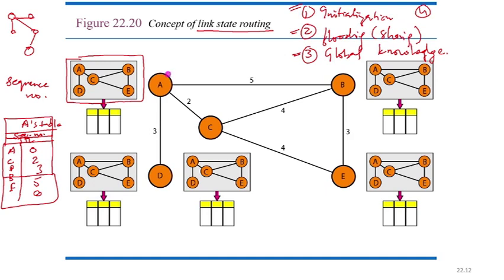Suppose this is the source one, from this source it goes to D, C, B and then E. What is the smallest distance? That will be found with the help of Dijkstra's algorithm.